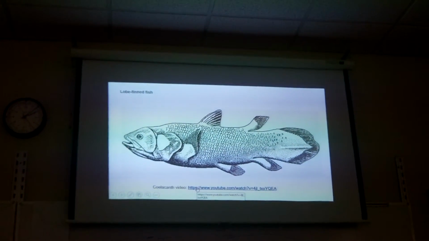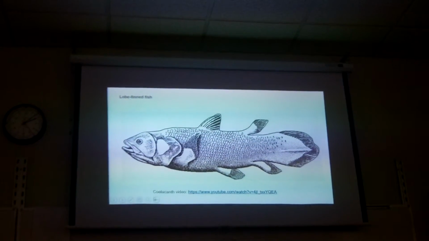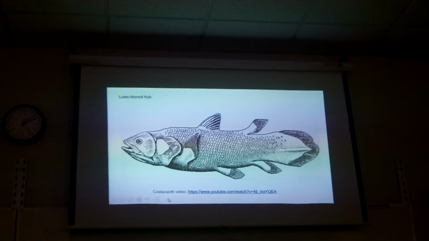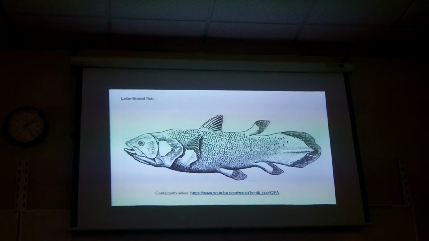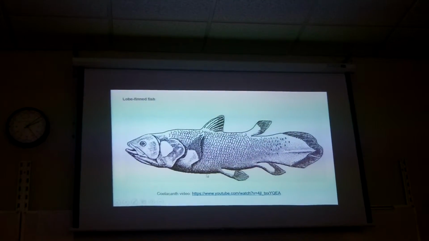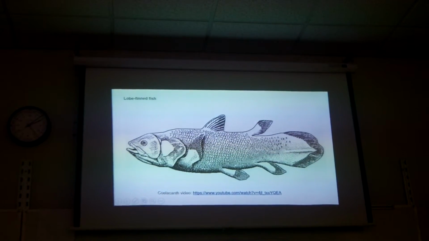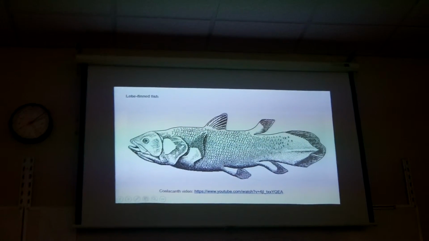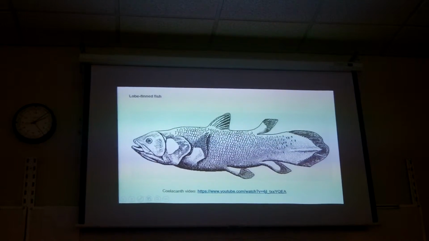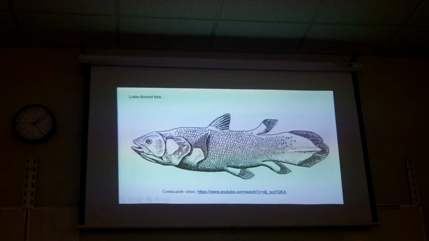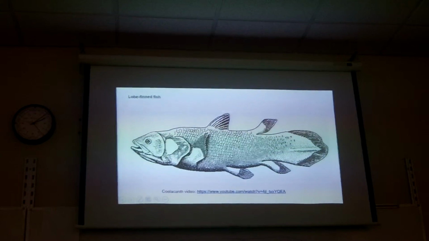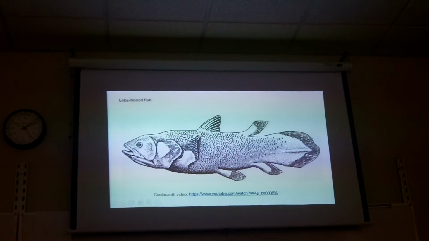See video footage of it? This fish, it's called a coelacanth. It was thought to be extinct, and scientists had skeletons of them, but they didn't actually have the fish. They thought it went extinct 100 million years ago. And somebody caught one off the coast of South Africa.